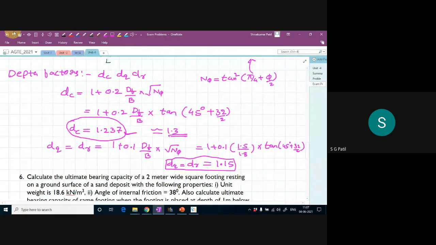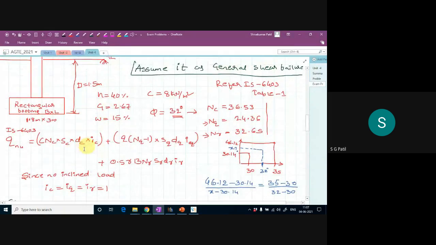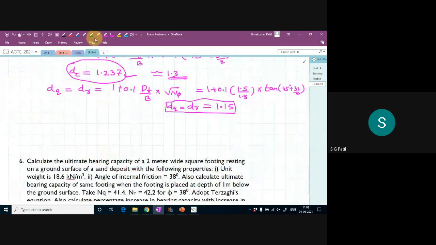Okay. Next, once I have got all the parameters, now I can simply substitute and get the answer. So simply I have to substitute in this equation. So let us substitute here. So q_nu, that is cNc Sc Dc Ic, plus the other terms.